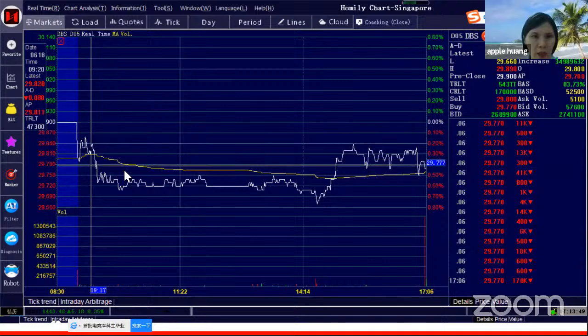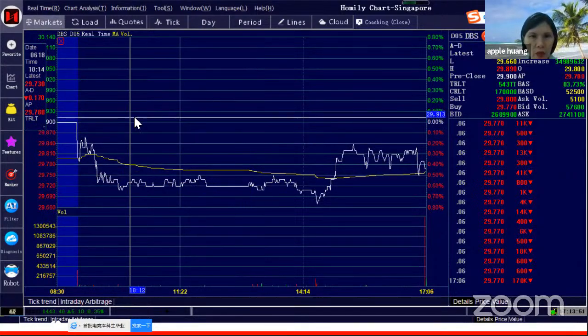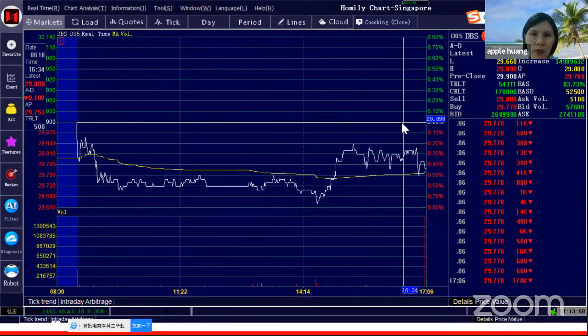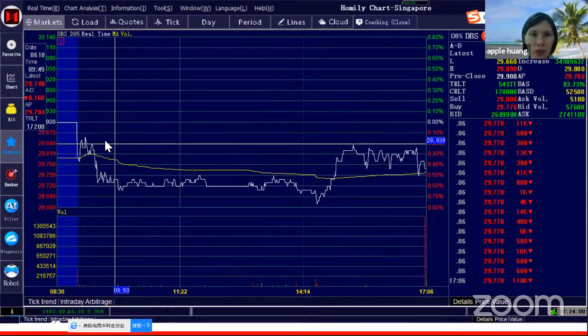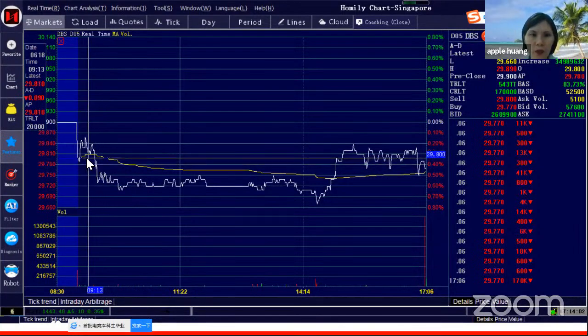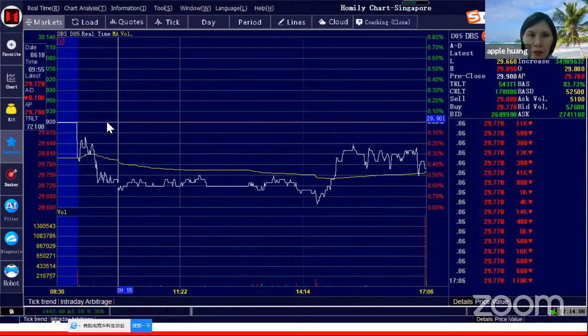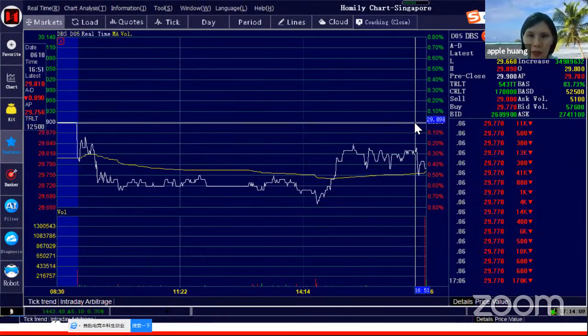So if you see the yellow line is below the zero line, you might not consider buying because it's bearish. All right. It also depends on whether you are doing intraday trading.